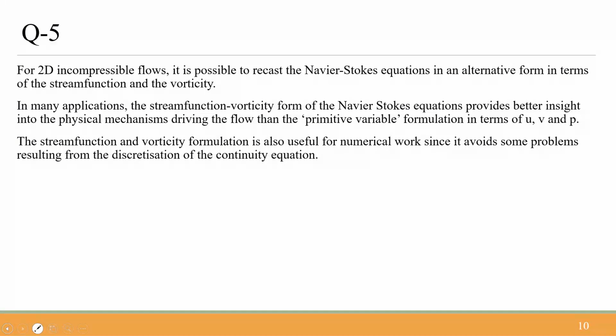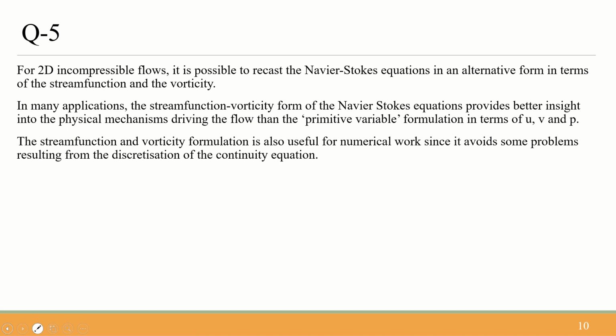So what is mentioned is that it is possible to recast the Navier-Stokes equations in an alternative form in terms of stream function and vorticity. So we are just recasting the Navier-Stokes equations into another form in terms of the stream function and vorticity variables for two-dimensional incompressible problems.